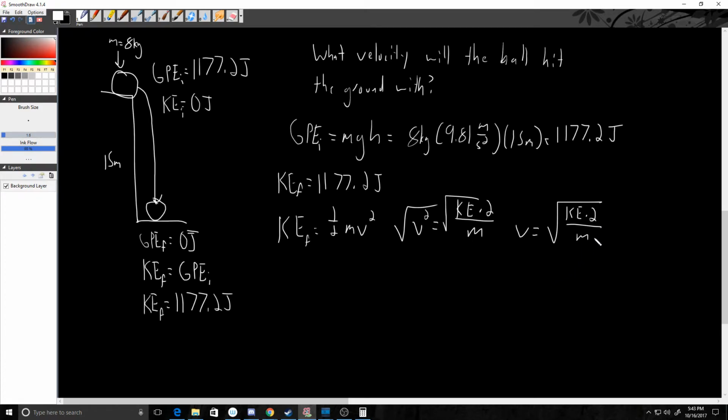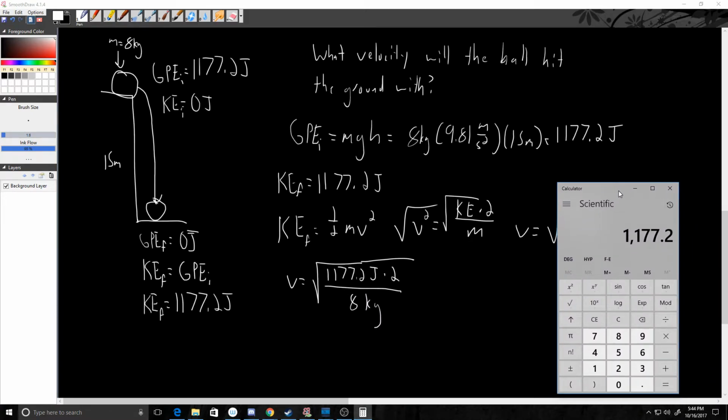All right, I know the mass. The mass of this boulder hasn't changed from its fall. The kinetic energy we already figured out. So v is equal to the square root of 1,177.2 joules times 2, over the mass we said was 8 kilograms. Times 2 divided by 8.